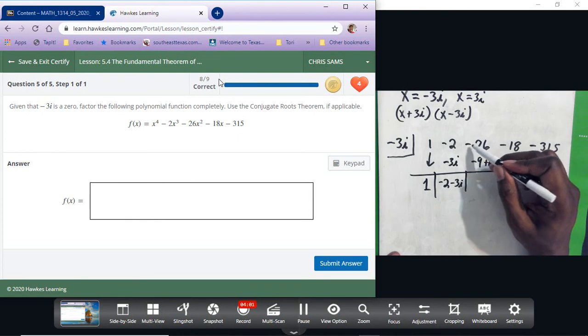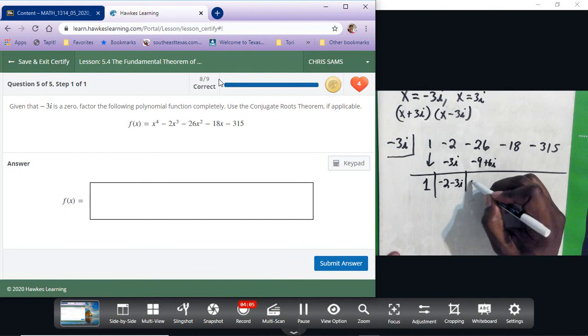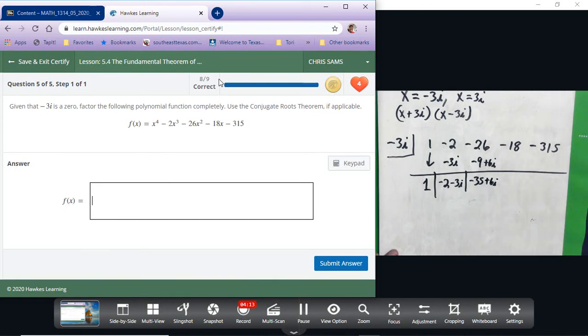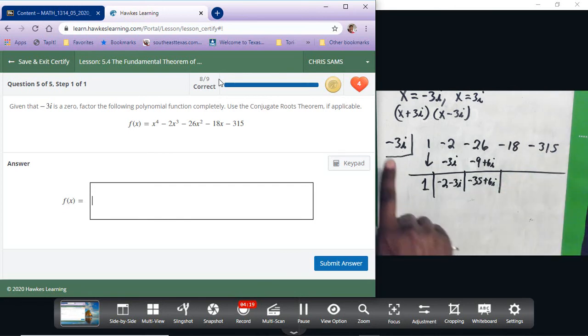We can combine the 26 and the 9. That will give us a negative 35, and then plus 6i. Now we're going to multiply the negative 3i and the negative 35 plus 6i.